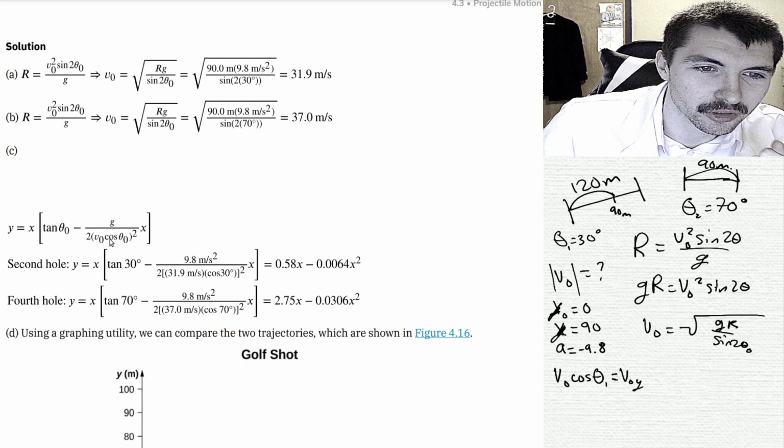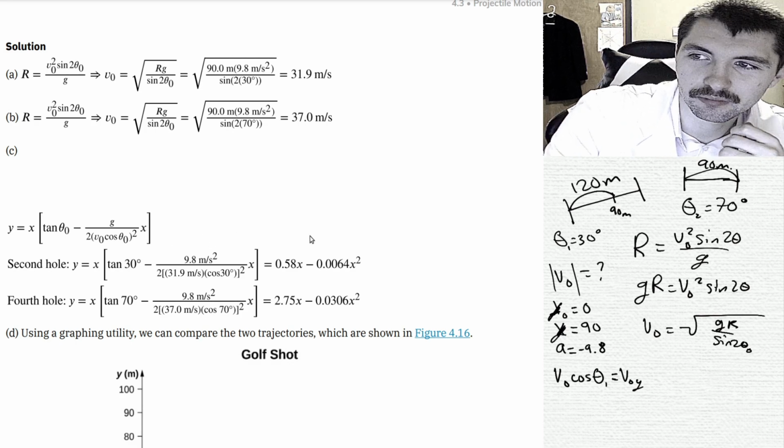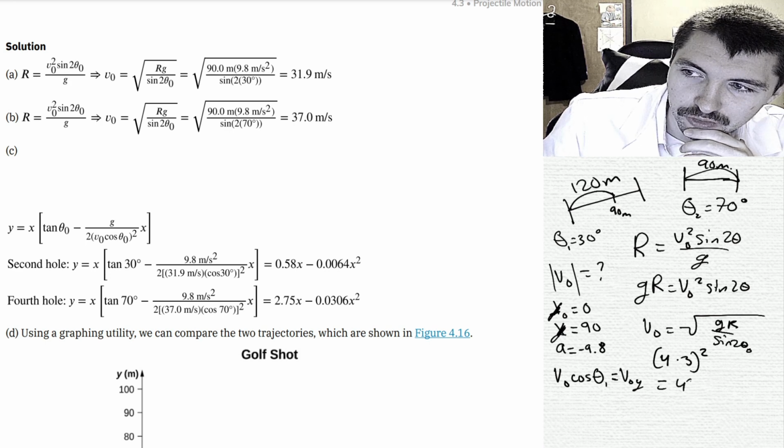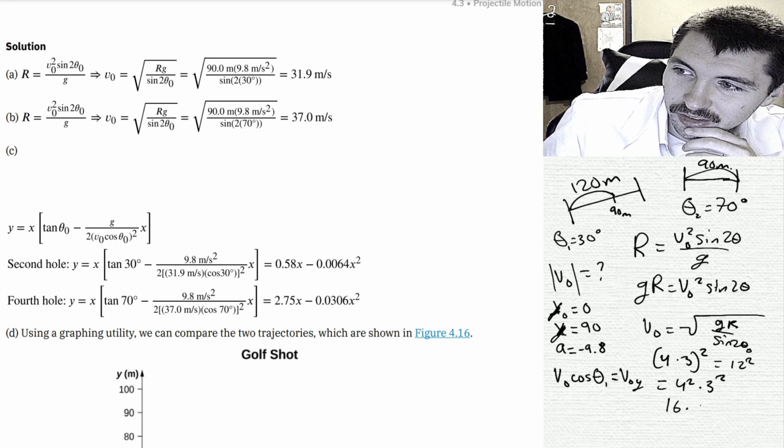You can distribute v naught. Is 4 times 3 squared equal to 4 squared times 3 squared? So this would be 12 squared. This would be 16 times 9.